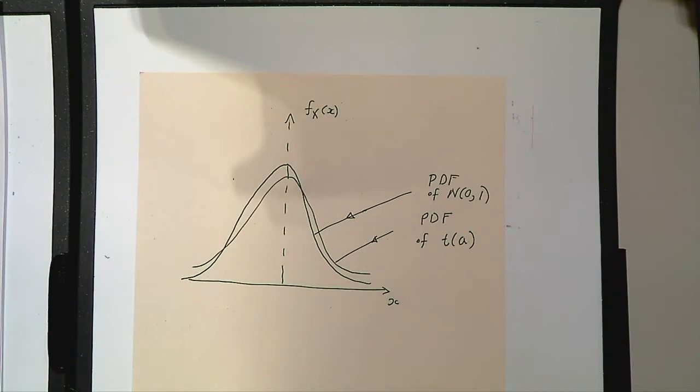You see the difference between the two. They are both symmetric around 0, and they both look like a bell shape, but there's a key difference between the two.